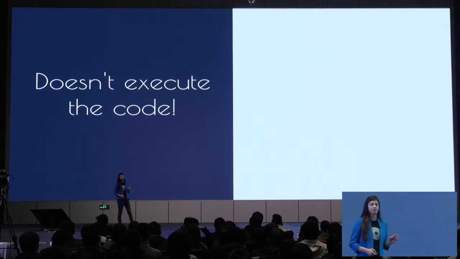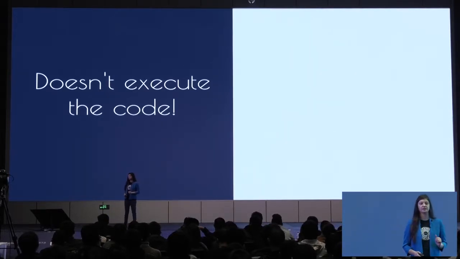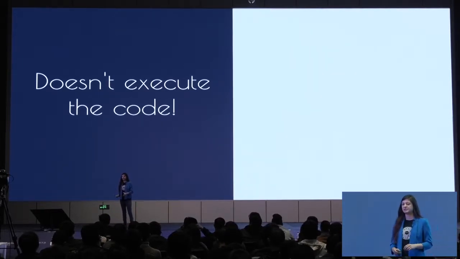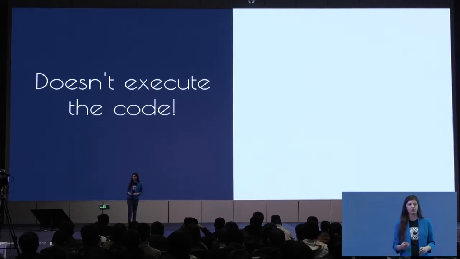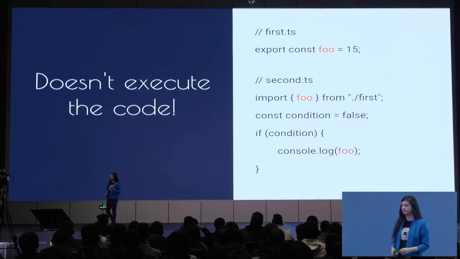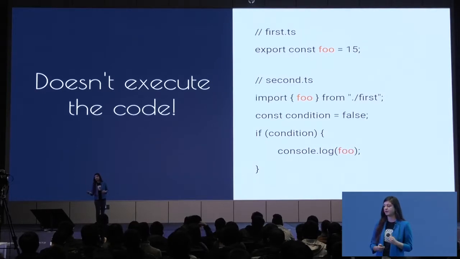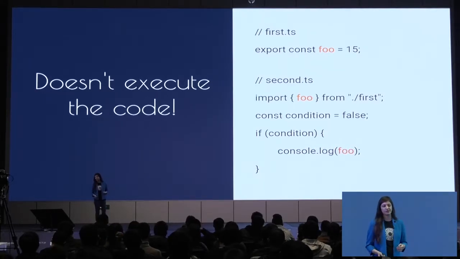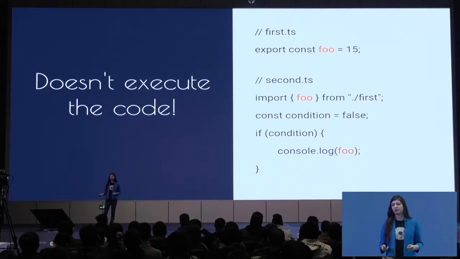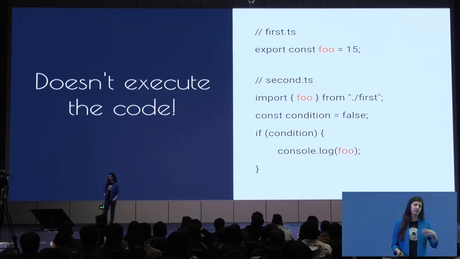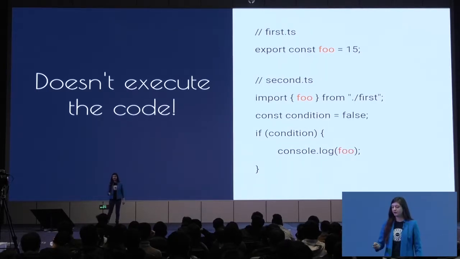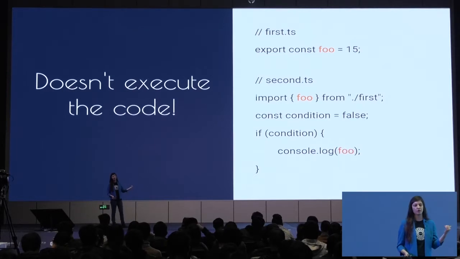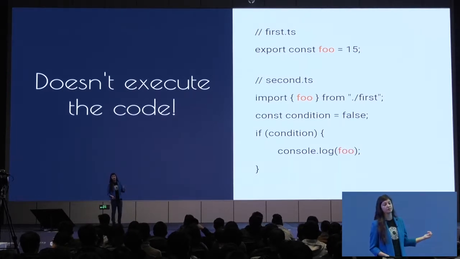And another important point about tree shaking is that it does a static analysis. It doesn't run the code. Let's see a simple example again. We have a single export. Then we're importing that thing in another file. And clearly, that console log here will never be executed.